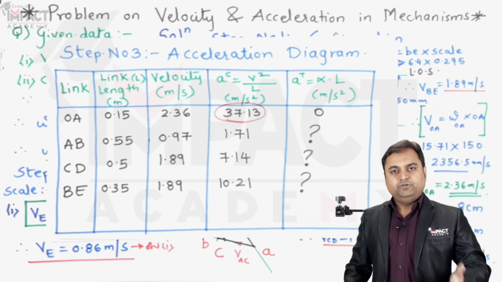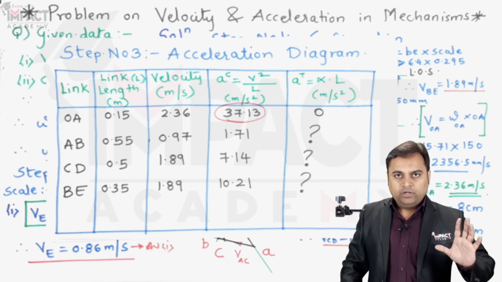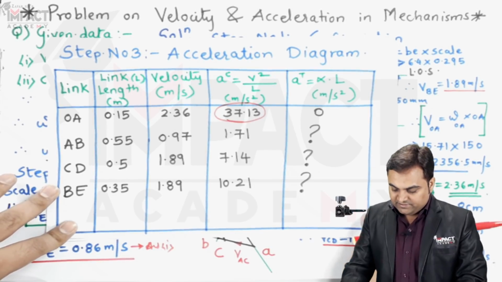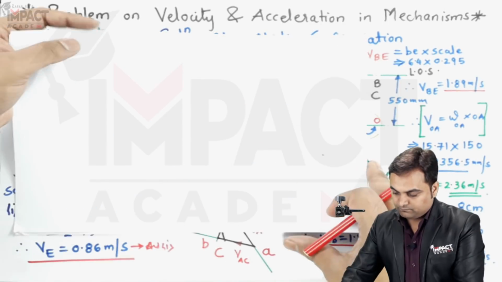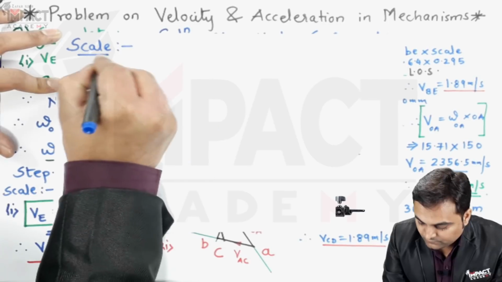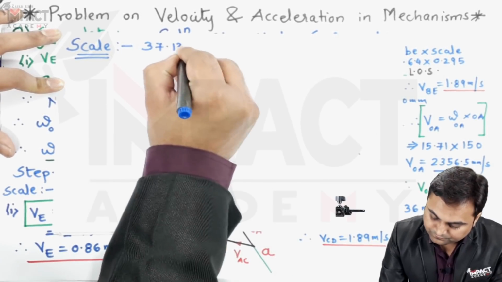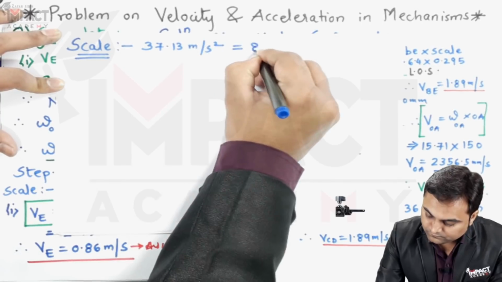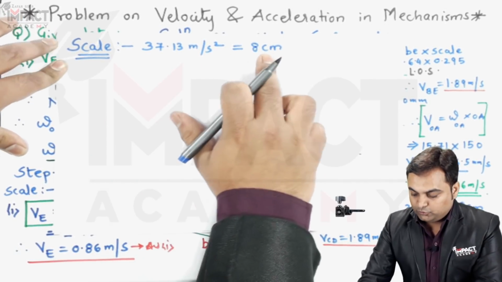You can even fit into 6, 5 or 4 centimeter, but the diagram should look proportionate. So here the scale for the acceleration diagram: 37.13 meter per second square would be fit into 8 centimeters.